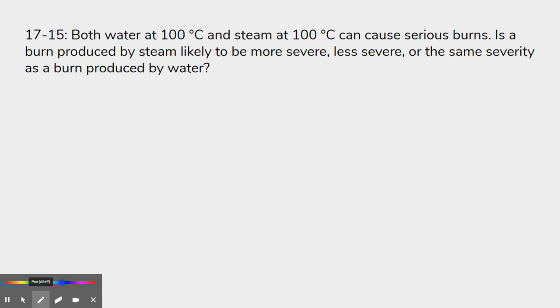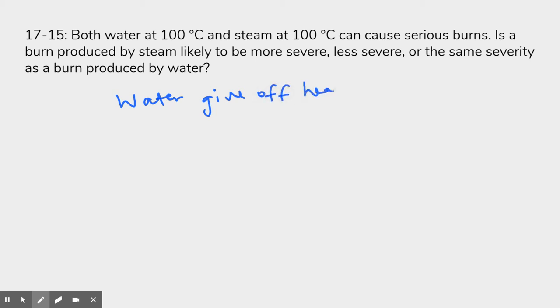Well, for water, if it came into contact with somebody's skin, the water is going to give off heat. As soon as it hits that person's skin, it starts giving off heat so that it can come to thermal equilibrium with the skin.